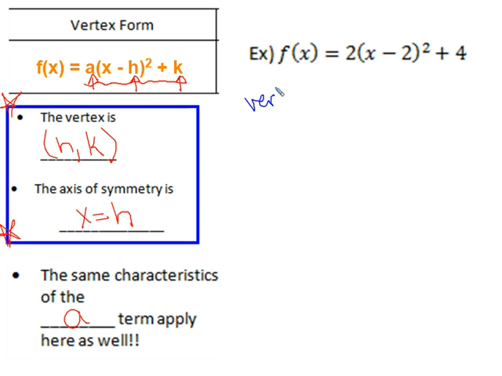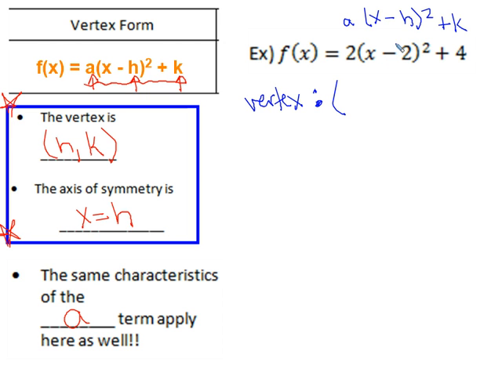If we try to find the vertex, we need to identify what is the h value, what is the k value. So maybe I'll label vertex form above this, just so we can start to make some connections here. All right, so the vertex form says x minus h. And according to this, I want to figure out what is h. So if x minus h is in the general form, let's take a look at our example.